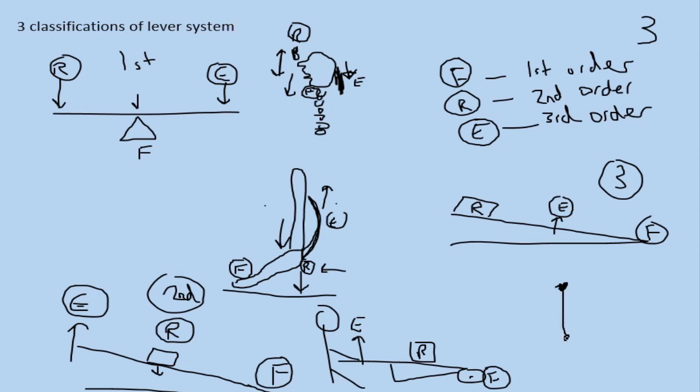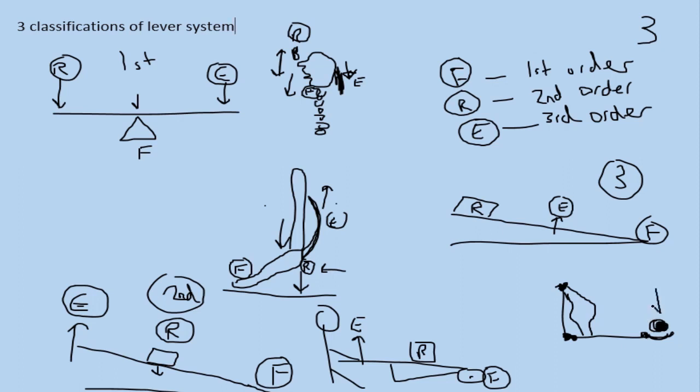So if this is your humerus, this is your upper arm, and this would be your lower arm, then what happens is your biceps brachii, if I can draw it, attaches to your lower arm from your shoulder area, and so this would be your hand here, let's say picking up a ball of some kind.